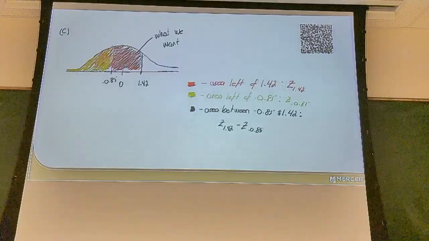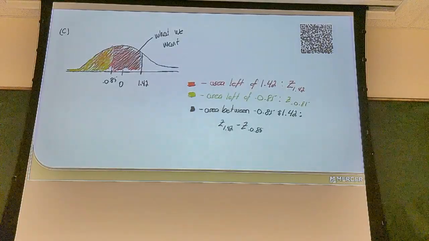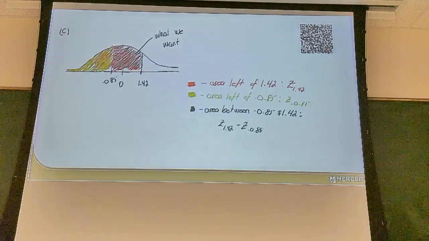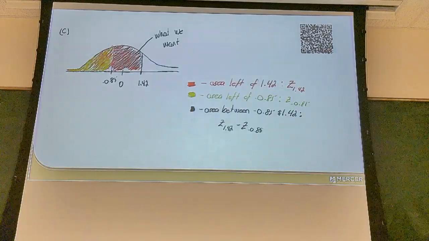In terms of probabilities, this here, why does my cursor not show up anymore? Oh, it does, it's just very small.